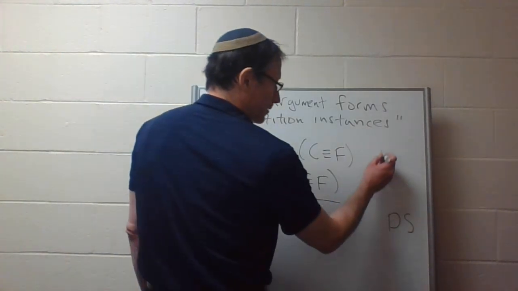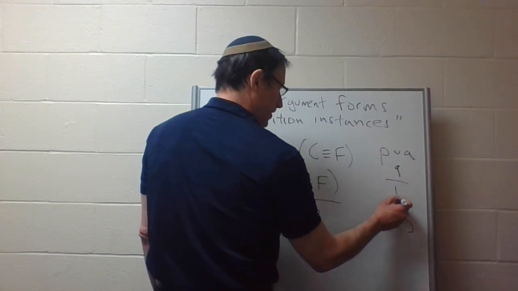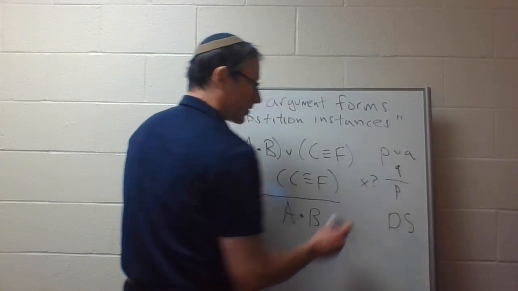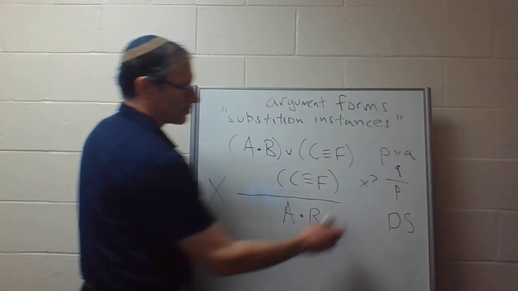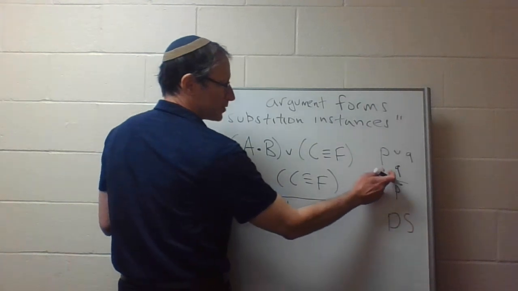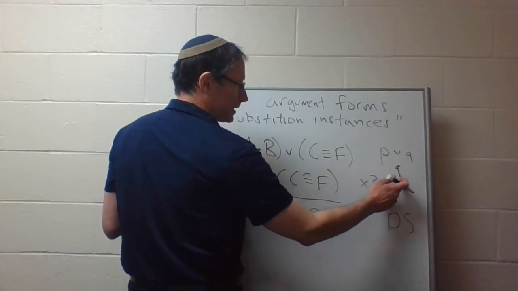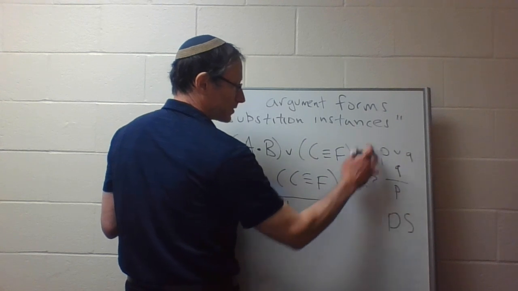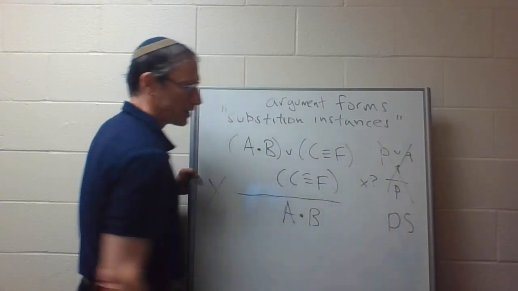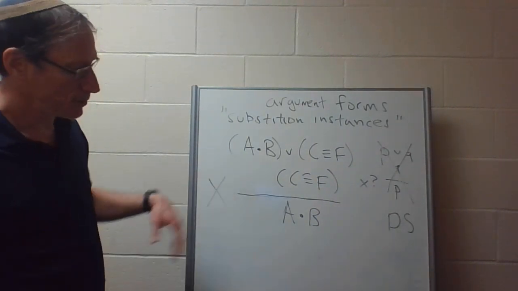In fact, this would be an invalid argument. This would be something like P wedge Q, Q, therefore P. This is a bad argument, because remember that P wedge Q could be true if Q is true, and yet P could be false. So this would not be a disjunctive syllogism, and this would also be a fail.